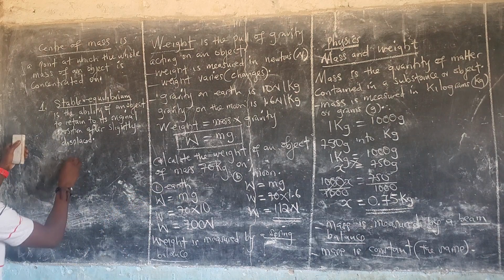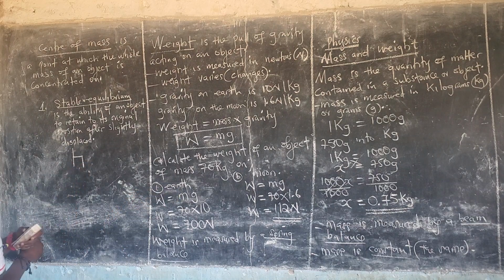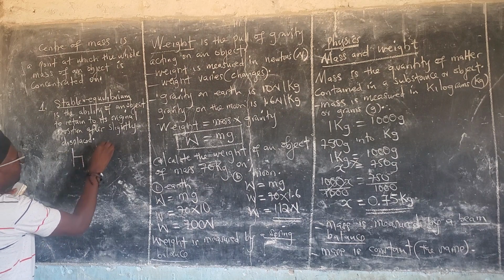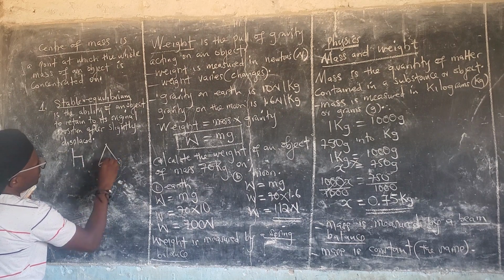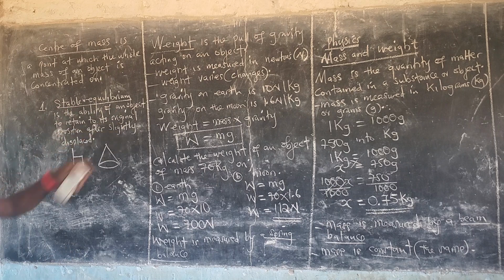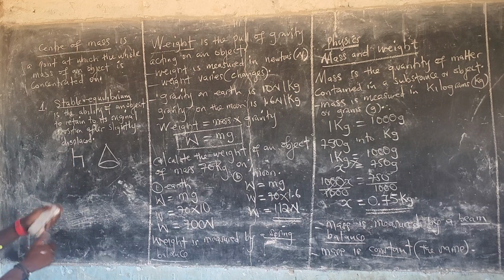A chair in this position is balanced. Even a cone, if it is in this shape, it is stable, meaning that when I displace it slightly, it will go a little, then go back to its original position. This is said to be stable, this is also said to be stable.